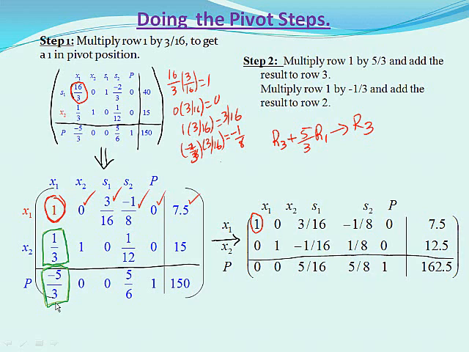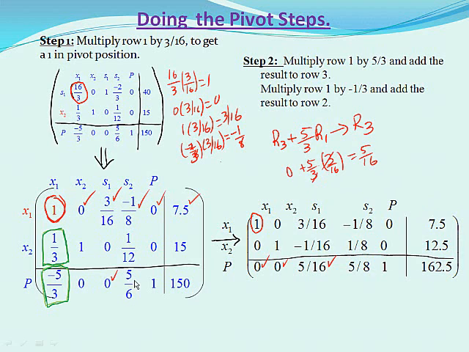So if we do the calculations, we will get 0 here. Then 0 plus 5 by 3 times 0 will be again 0. To get 5 by 16, the operation will be row 3 entry 0, plus 5 by 3 multiplied with row 1 entry, which is 3 by 16. That will be calculated as 5 by 16.